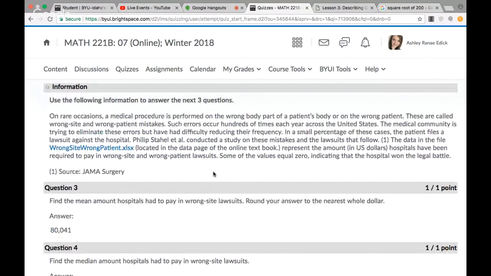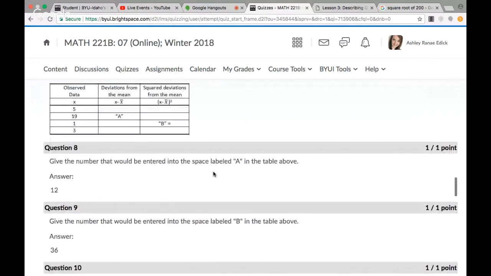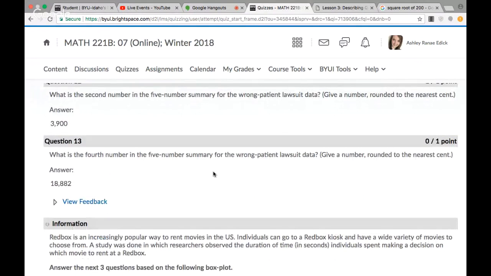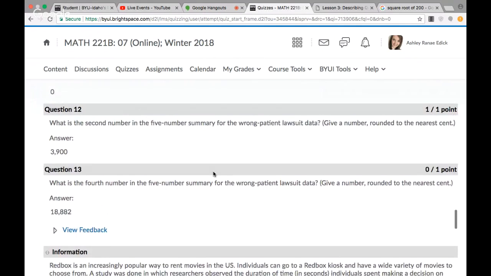Okay, got 1 point. Okay, there's another. Pretty good so far. Okay, we missed this one. The fourth number. Oh, what is the fourth number? Not the third.